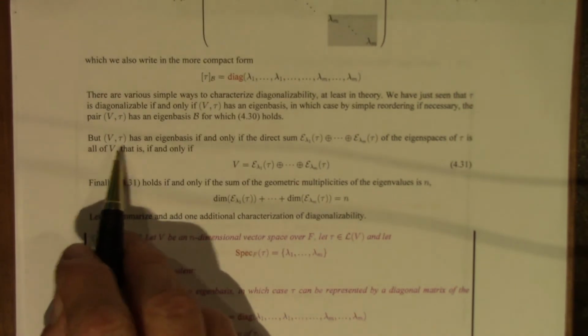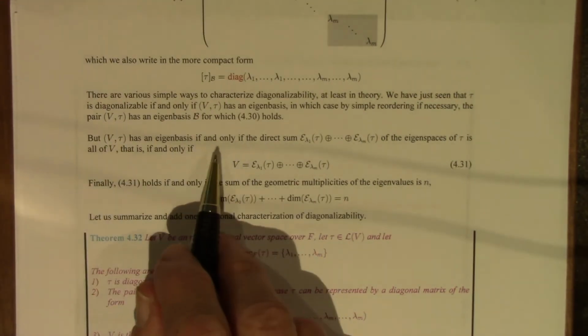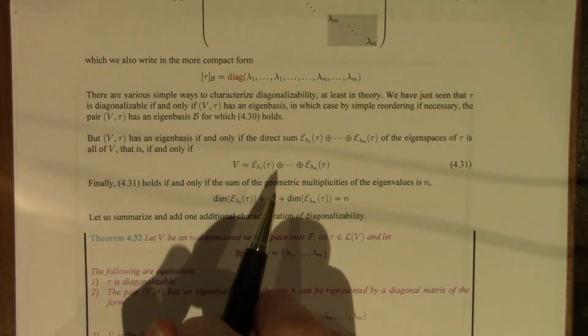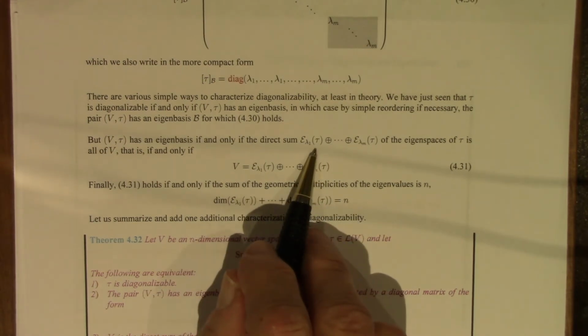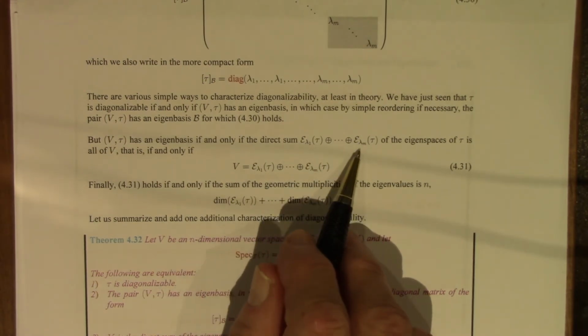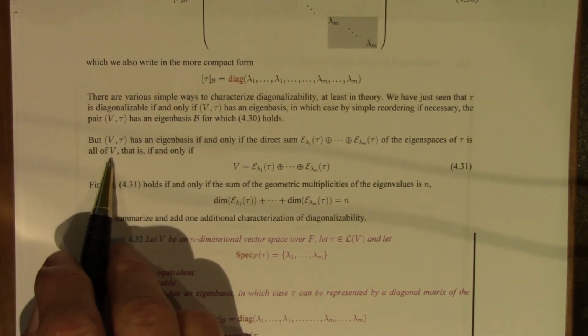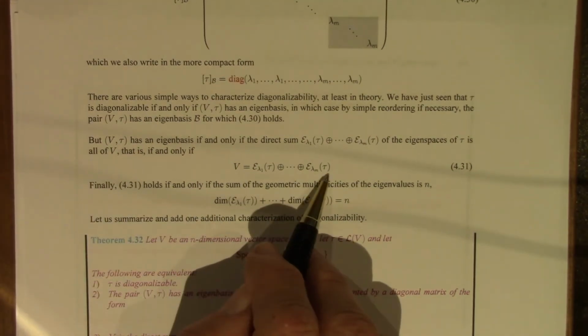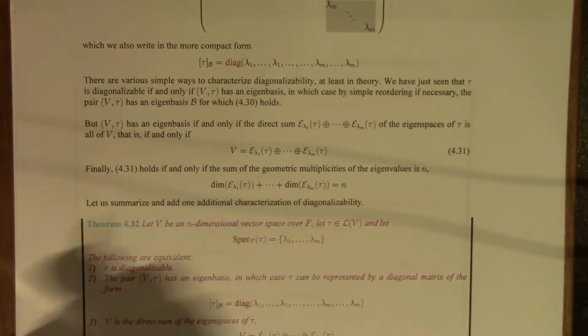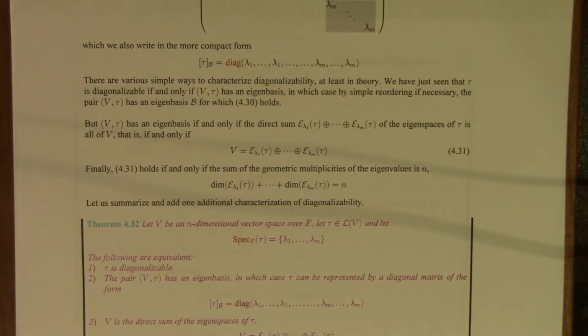But the pair V, tau has an eigenbasis if and only if the direct sum of the eigenspaces is all of the vector space V. In other words, V is the direct sum of the eigenspaces. We know this is a direct sum because we know that eigenvectors associated with distinct eigenvalues are linearly independent.